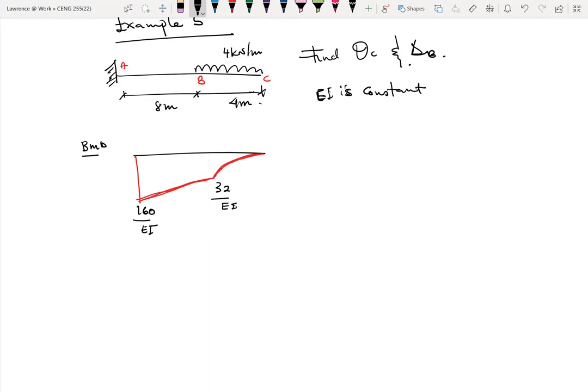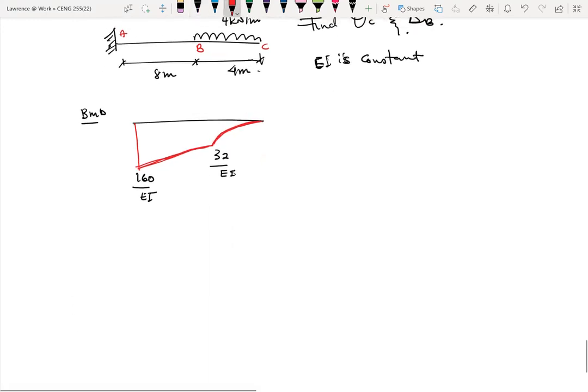Yeah, 160 over EI. We can see that this is kind of a curve. And then here, let me just show the separation. This should help us to easily draw it.